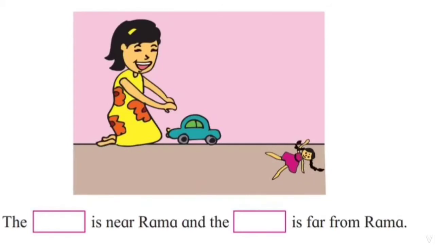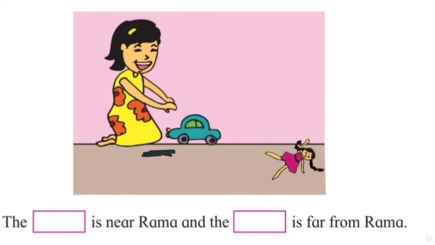See the next picture. Look at this girl. She is Rama. She has 2 toys. One is car and another is doll. Which toy is near Rama? The car is near to Rama and the doll is far from Rama.